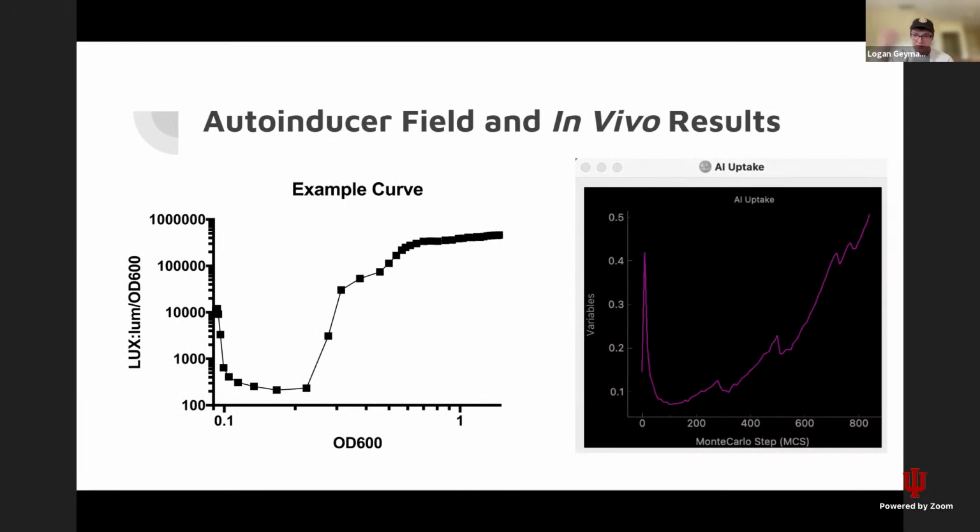As we talked about the last time we did our presentation, the really exciting thing for us was we were able to really quickly recapitulate exactly what I see in the lab. On the left, you'll see what's called a light curve. The y-axis is the bioluminescent units over the cellular density, so how many cells there are versus how much light is produced.